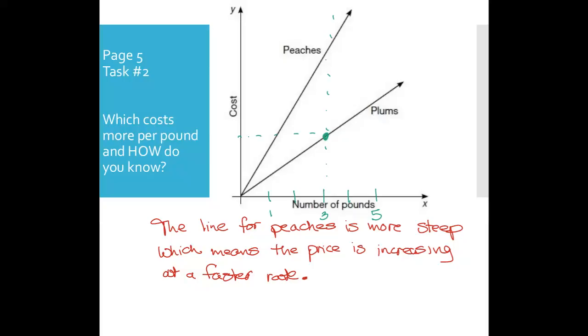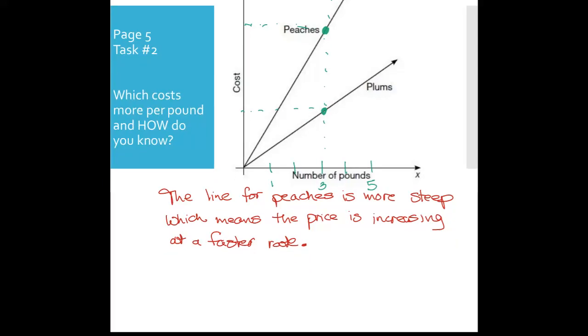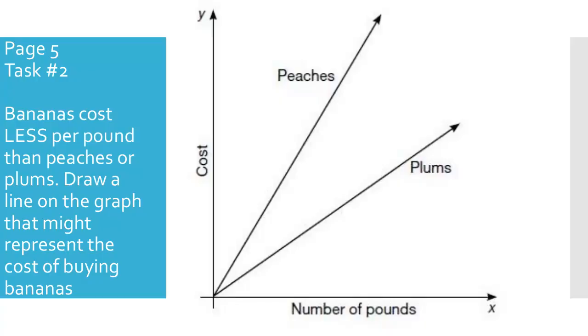Whereas if I show 3 pounds of peaches, that cost is much higher, okay? So you can also use these different lines to help you figure that out, okay? So peaches cost more. It has a much steeper line, which means it's going to be costing more.